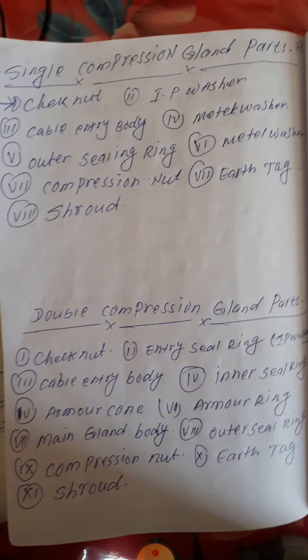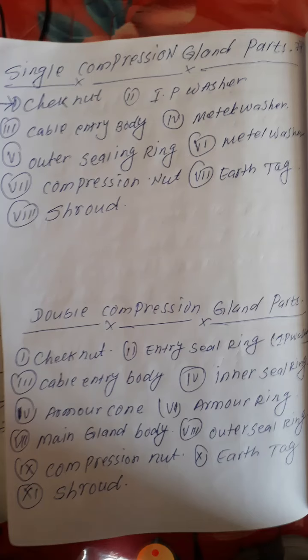Next one, single compressor gland parts and double compressor gland parts. So single compressor and double compressor are two types of gland, and inside they have some parts which catch the cable strongly. So single compressor has 8 items inside. These are check nut, IP washer, cable entry body, metal washer, outer sealing ring, and metal washer also, compressor nut, earth tag, and shroud.